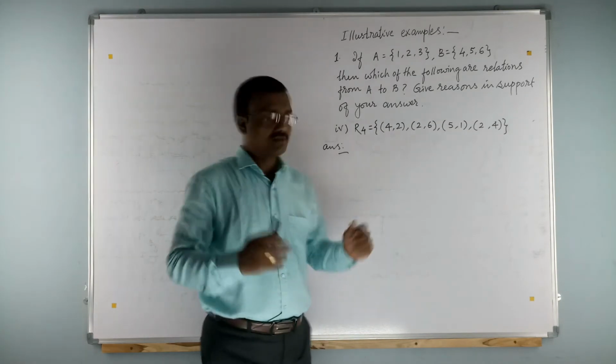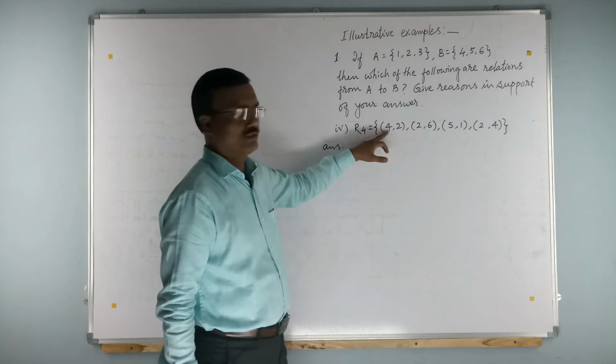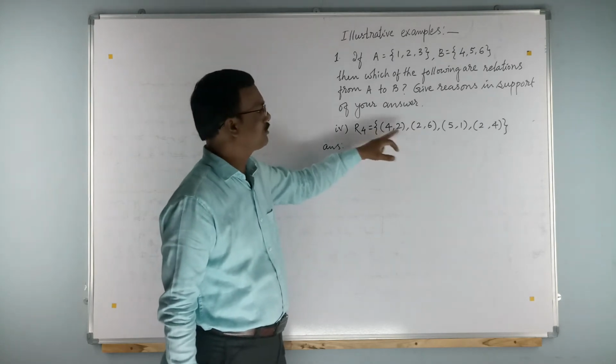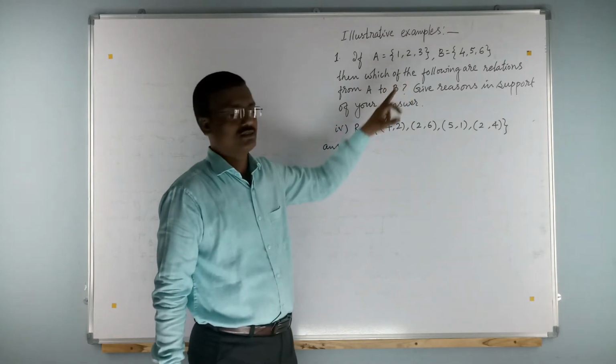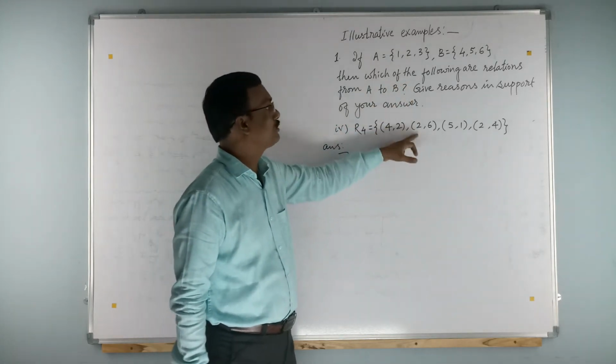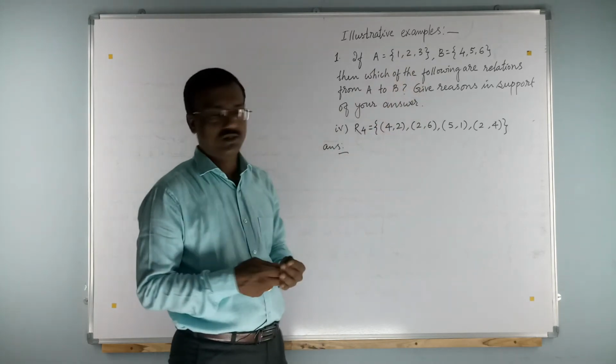Now the fourth one, R4, these are the pairs. So we'll check the first position elements 4, 2, 5. 4 is from second set B, 2 is from first set, 5 is from second set. So there is a contradiction.